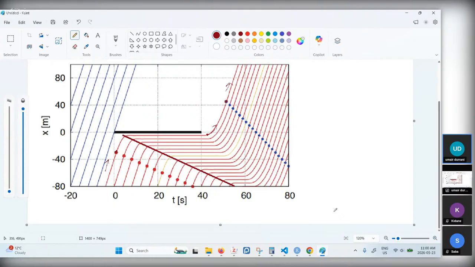This is the start of deceleration. So we have this line that goes from free traffic to jam, and then the second line that represents the jam to free traffic. If we have the gradient of this line and the gradient of this line, that will give us the propagation speed. You can also see that this is against the direction of traffic, so this is going to be negative speed.